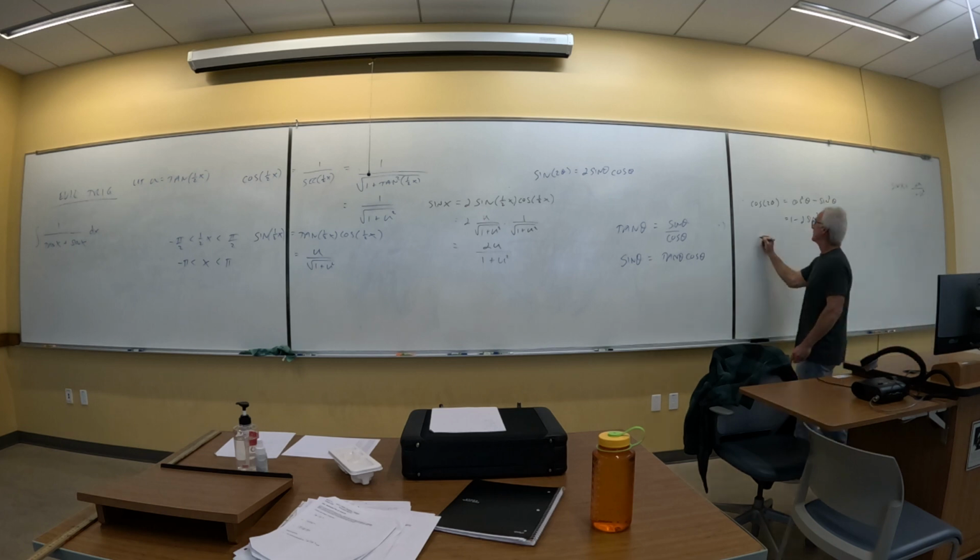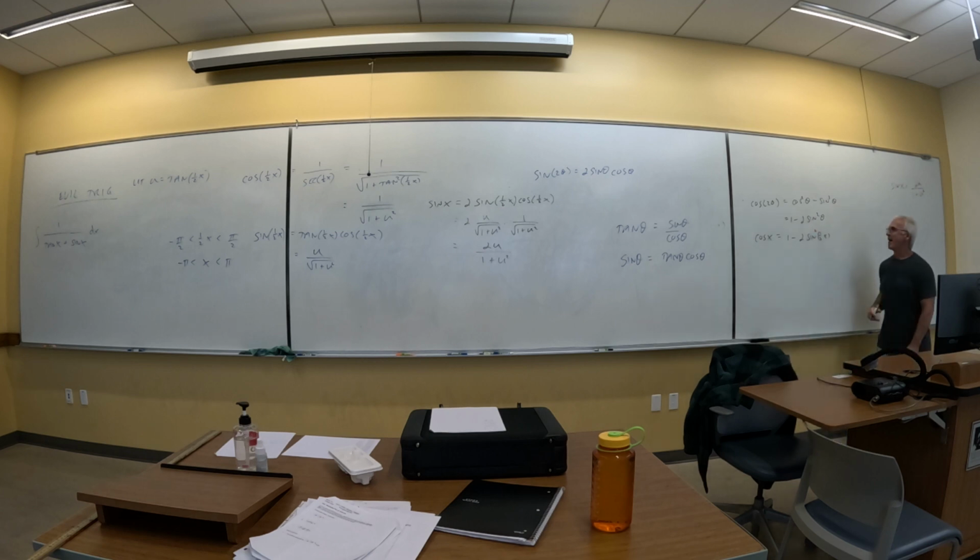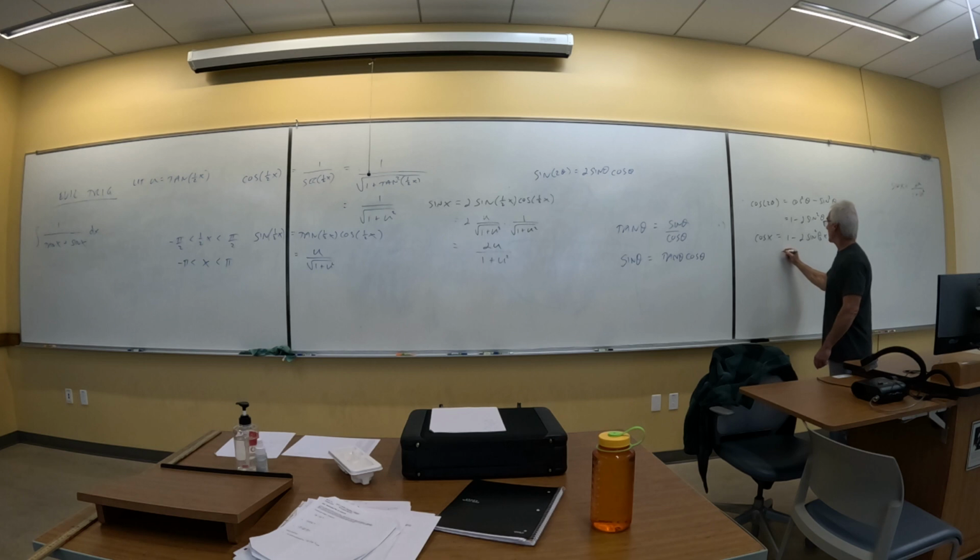So therefore, the cosine of x should be 1 minus 2 times the sine squared of 1/2 x. Why am I doing that? Because I know that one. Right? This is the double angle formula for cosine. Kind of a strange use of the double angle formula for cosine.